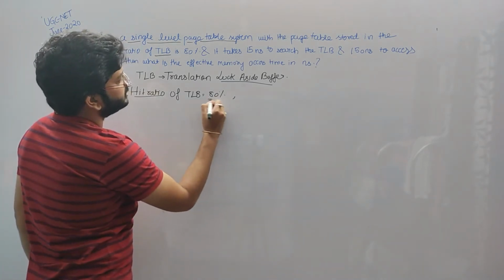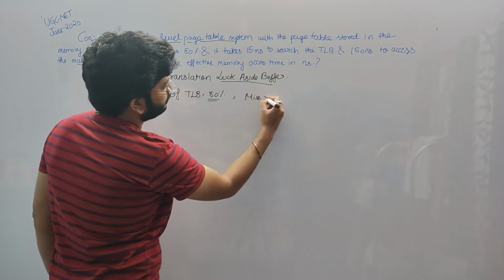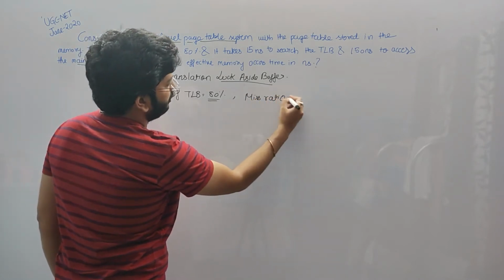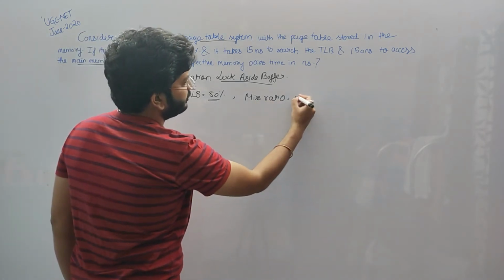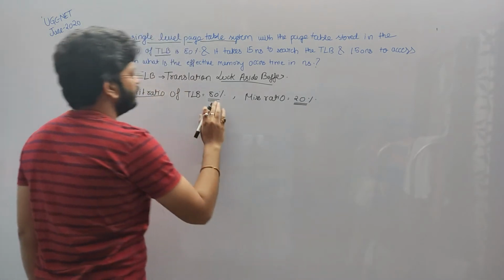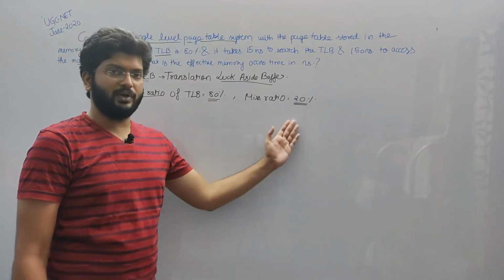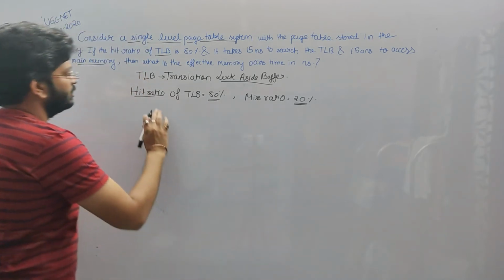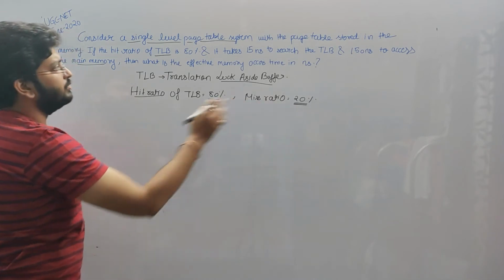If the hit ratio is 80%, then the miss ratio is 1 minus 80%, it will be 20%. 100 minus 80 is 20%, it is the miss ratio of the TLB.